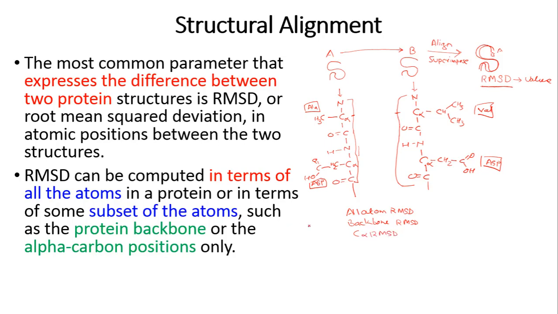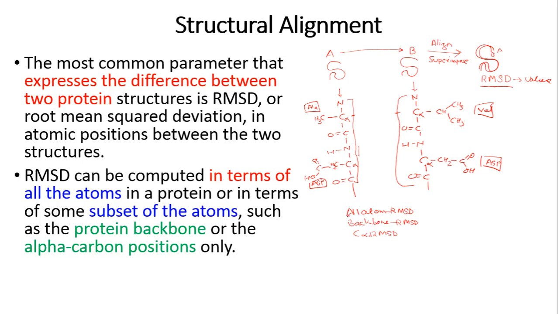So whenever you superimpose two proteins and calculate the RMSD, based on the subset of atoms that you are considering, you can have all atom RMSD, backbone RMSD, or C alpha RMSD.